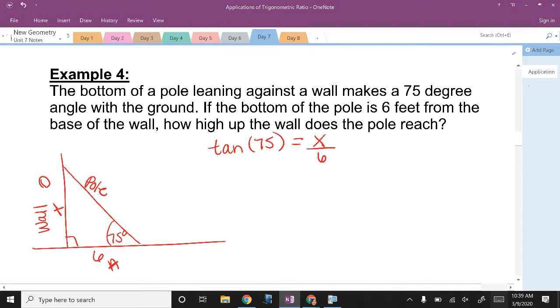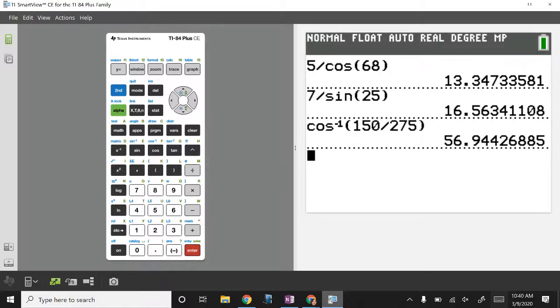So how do we solve for x? Just multiply both sides by 6. So 6 times tangent of 75 degrees equals x. And I've got x by myself, so I can use my calculator. 6 times tangent. Do we use tangent or inverse tangent?